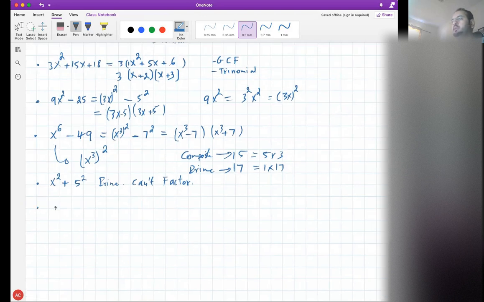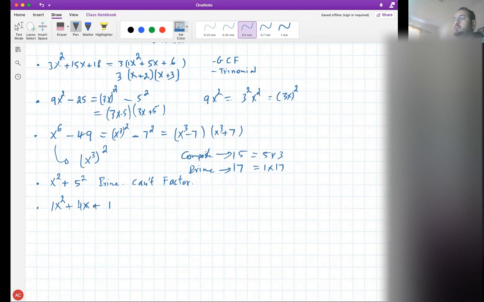And also if I said something like this, for example, this. So can you find 2 numbers that multiply to 1 and add up to 4? If you want to factor this like we did before, you have 1 here and 2.